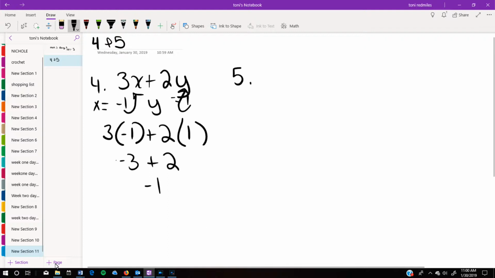All right, 5 says to evaluate, same equation, and I'm evaluating it when x equals 1/2, so 1/2 goes into here, and y equals a -5, so -5 goes in for the y.